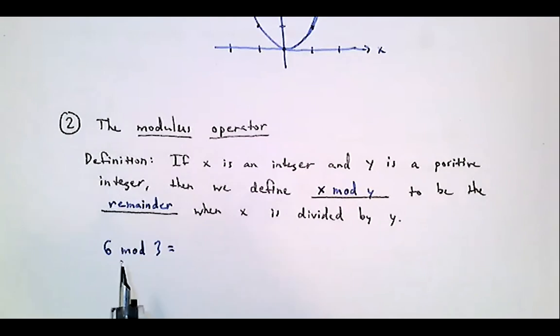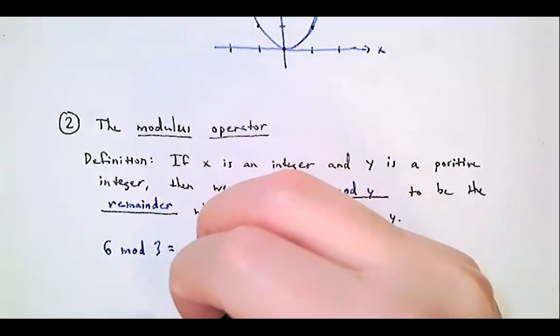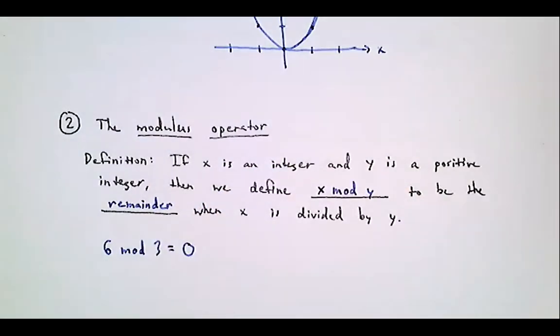What would the remainder be when you divided 6 by 3? Good. The answer is 0. Victoria wrote the answer in the chat. Because 3 goes into 6 2 times, and there isn't anything left over. Any questions over this?